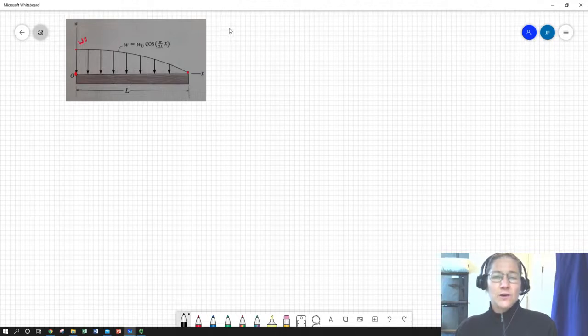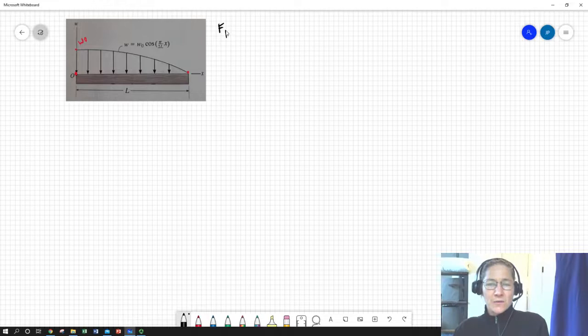So we're going to define our force first, and by definition this distributed load goes all the way to L. Something you can look at later are conditions where that distributed load doesn't go all the way, and you can integrate over part of the beam. But in this case we know the load is being applied over the whole beam.